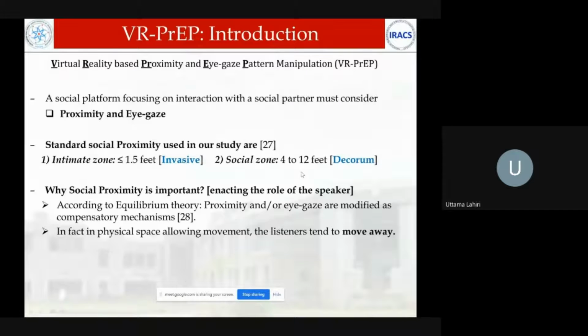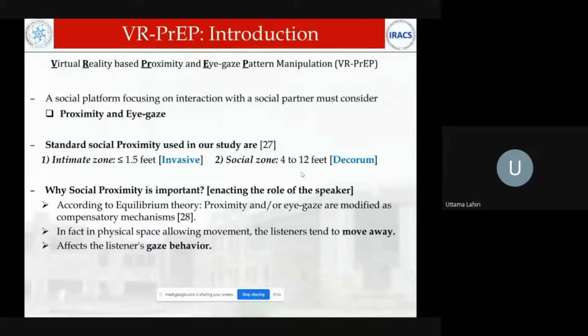For example, in a physical space where one can move, like I am speaking to someone, a guest, in a room, and there is a physical space where we are located. In that case, if the listener has issues with the distance, the listener will just walk back, increase the distance, or move away. That isn't possible in static conditions.